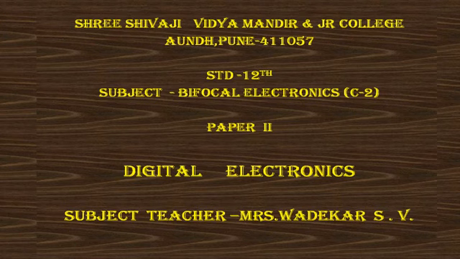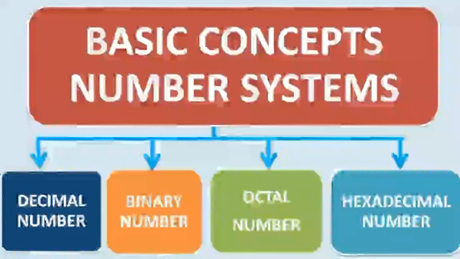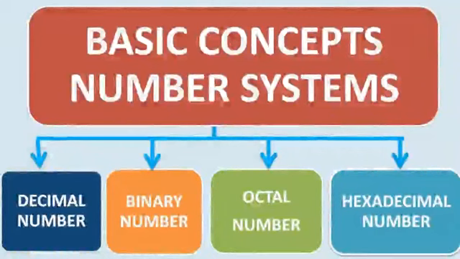Today I am going to start from paper 2, Digital Electronics. Now let's start with chapter number one, number system. Let's start this digital electronics with the basic concept and different types of number systems.